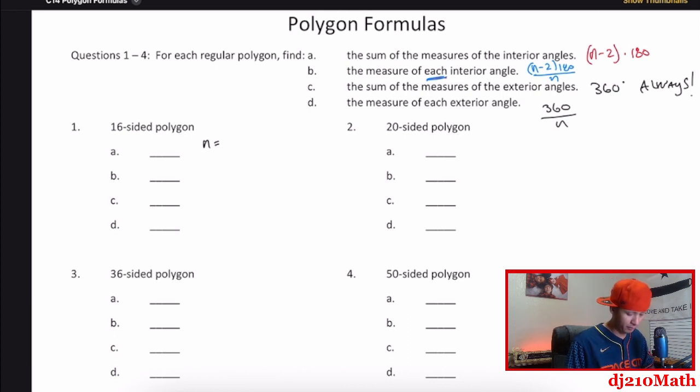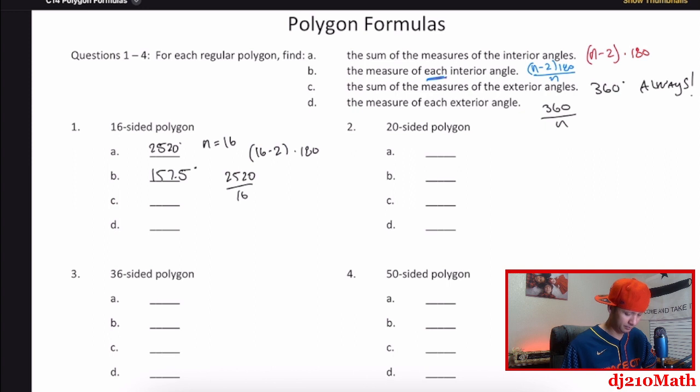So if I run 16 through all of the problems here for A, B, C, and D, we're going to get 16 minus 2 times 180 comes out to 2,520 degrees. And then if I want each interior angle, I divide this by 16, and it comes out to 157.5 degrees.